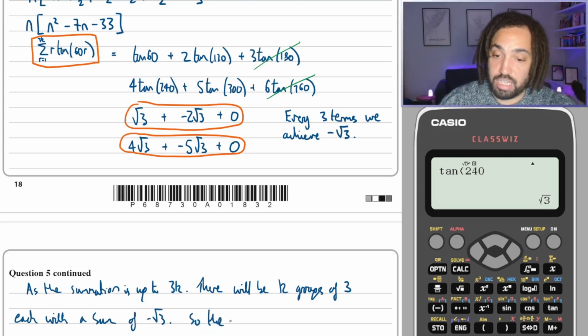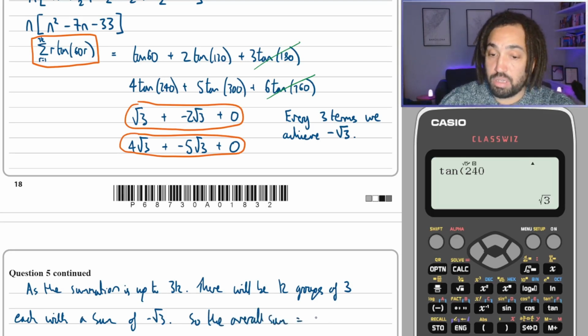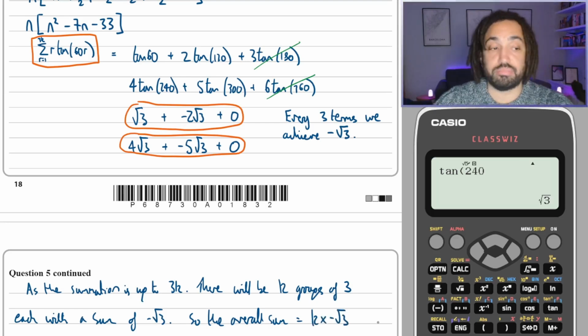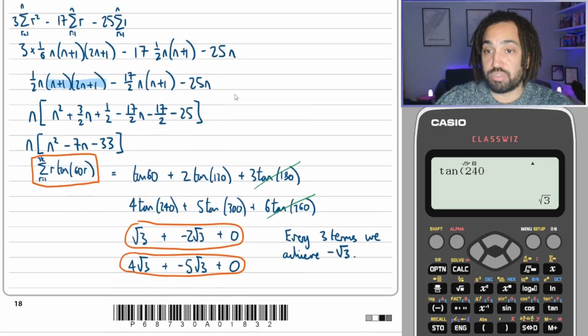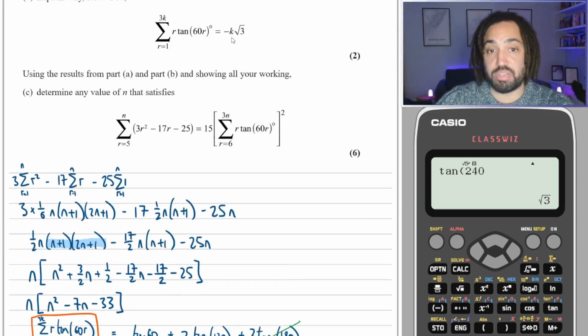So the overall sum will equal k multiplied by minus root 3, which is what we were trying to prove, I believe. Yes, perfect.